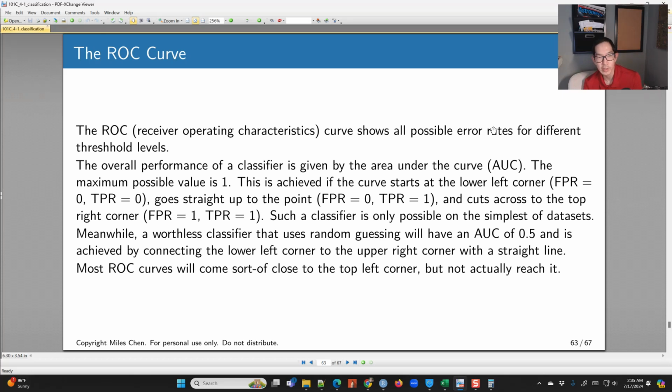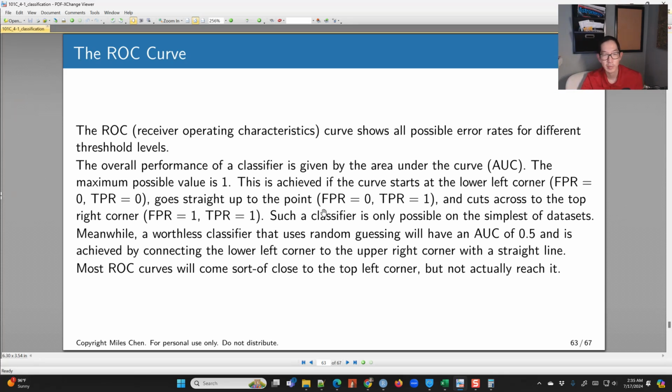We have something called the ROC, Receiver Operating Characteristics curve. It shows all of the possible error rates for different threshold levels. The overall performance of a classifier is given by the area under the curve, which we call the AUC. The maximum possible value is 1, and that is achieved if the curve starts at the lower left, goes straight up to the top left corner, where your false positive rate is 0 and your true positive rate is 1, and cuts across the top to the right corner, where you have false positive rate 1 and true positive rate 1.